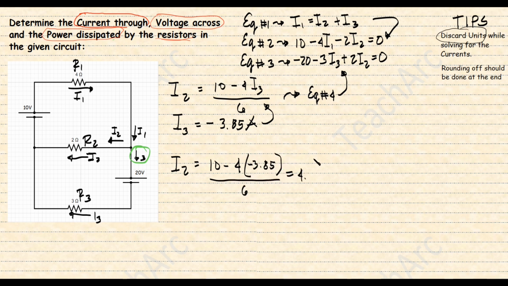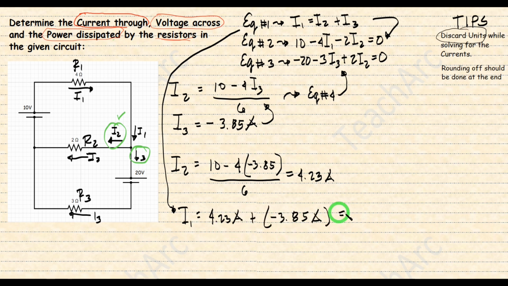That will give us 4.23 amperes. And our direction is actually correct because it's positive this time. We can use equation 1 to solve for I1, giving us a value of 0.38 amperes, which is also positive, meaning we got the correct direction.